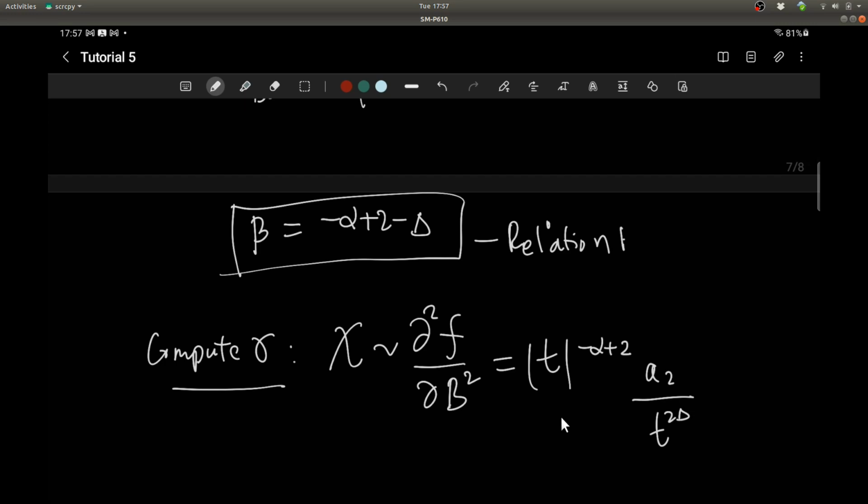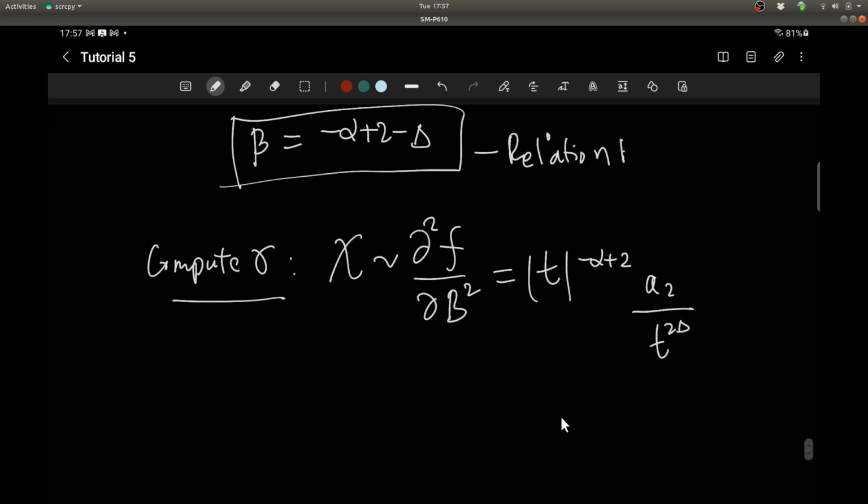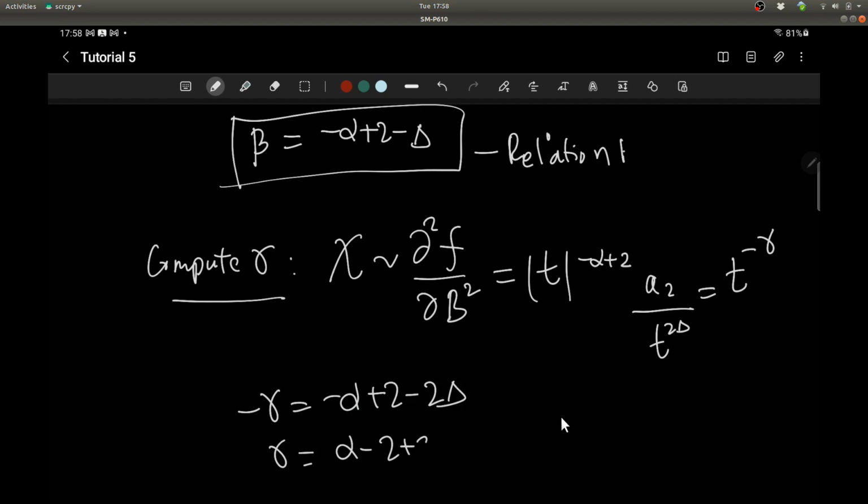Is this fine? And so this should be equal to t power minus gamma. So what we get is minus gamma equal to minus alpha plus 2 minus 2 delta. So let's just fix the signs: gamma equals alpha minus 2 plus 2 delta.